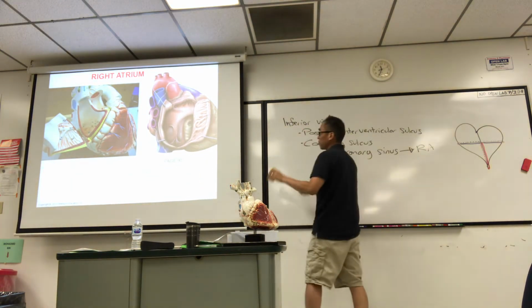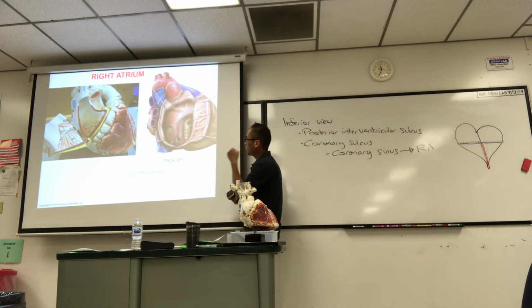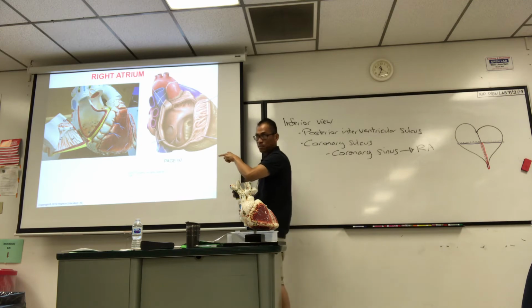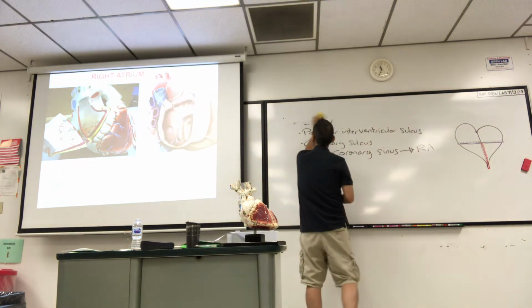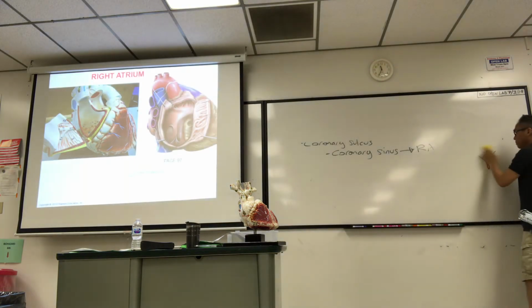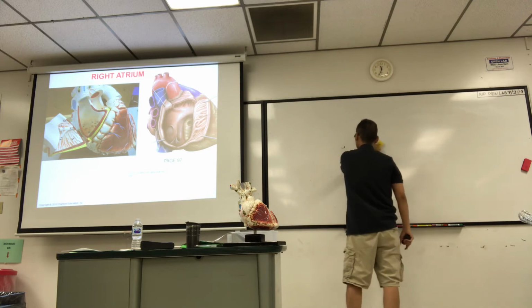Well, let me describe this appearance here. It looks like someone took the muscle and took a comb and raked it. And they call that pectinate muscle inside the atrium. Now this is inside the right atrium, but it could be inside either. I want you to show me pectinate muscle.